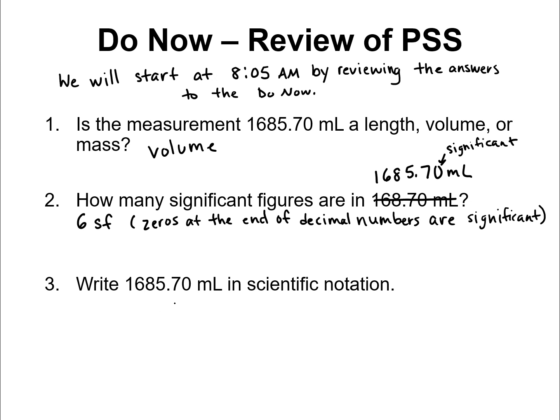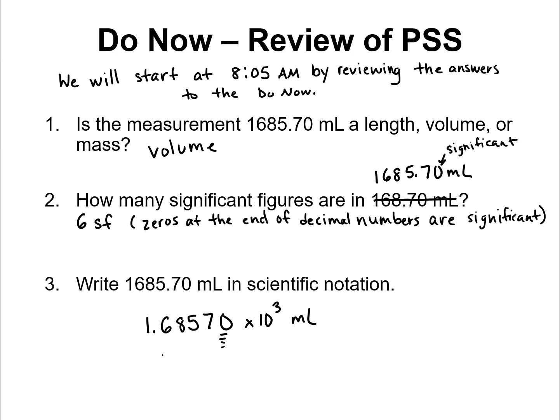We're going to use all of these numbers because they're all significant, right? So our coefficient is 1.68570 because that 0 is significant, times 10 to the third milliliters.